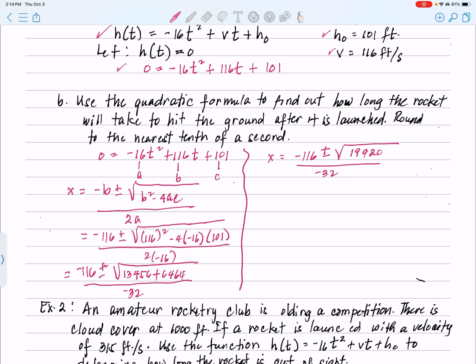All right. Let's take out the square root value. Plus and minus, what's the square root of 19,920? That is 141.14, divided by negative 32. So this time, let's get our two values of x.